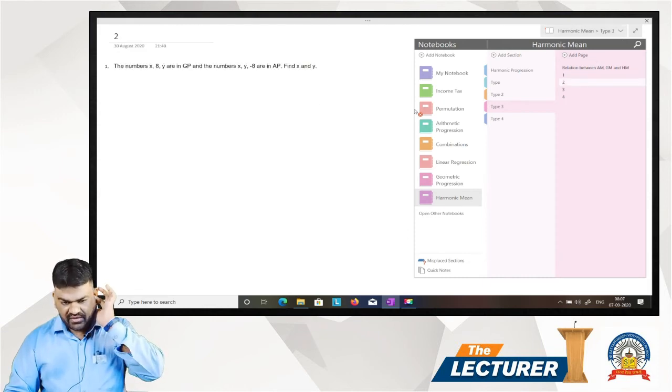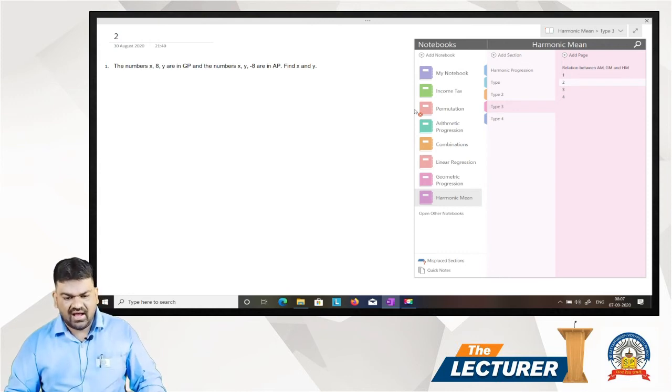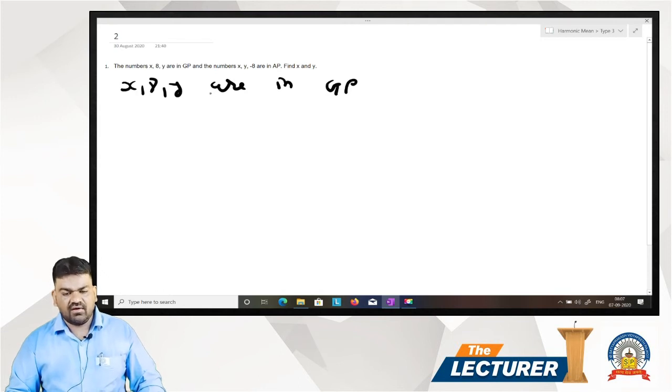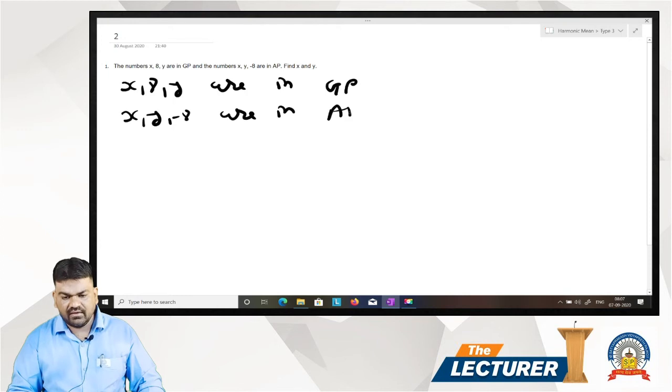The numbers x, 8, y are in GP, and the numbers x, y, minus 8 are in AP. Find x and y.